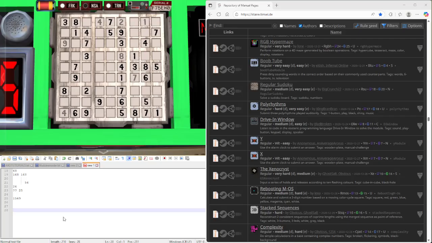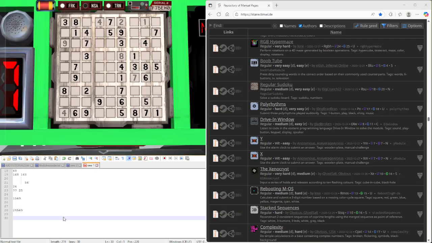Column 7 needs 2, 4, 5, 6, and 9. 5, 6, 9.